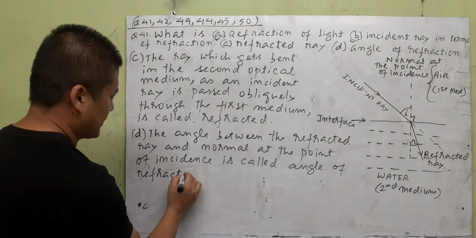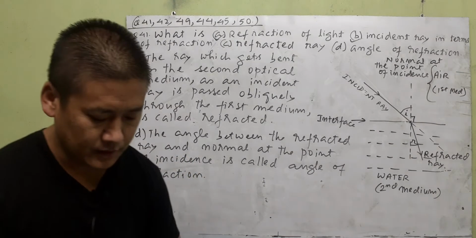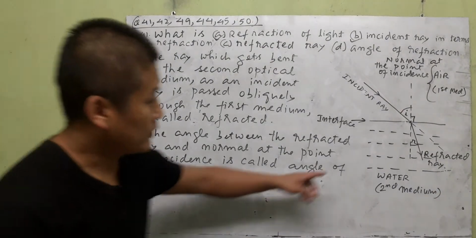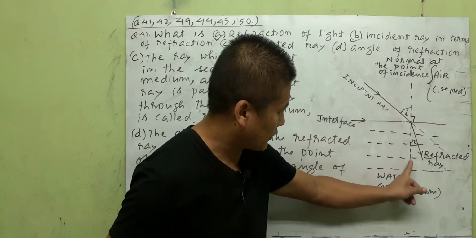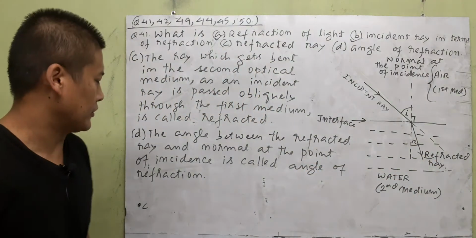It's important to get these terms clearly before we go into the main part of the chapter. So this is question number 1. The angle between this refracted ray and the normal at the point of incidence, this imaginary line, is called the angle of refraction.